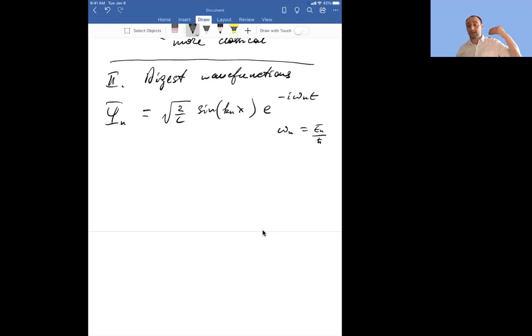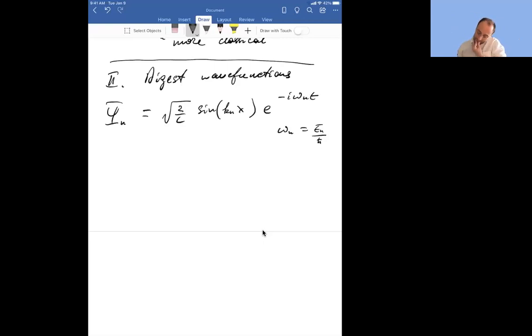And therefore, the string can vibrate with any energy that you want. You can have a string in the first mode with arbitrary energy depending on its amplitude. You can have a second mode, which has a different frequency, but you can have the string vibrating in the second mode with arbitrary energy because that depends on the amplitude.